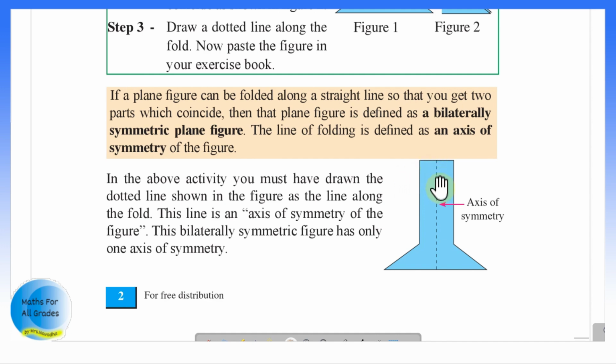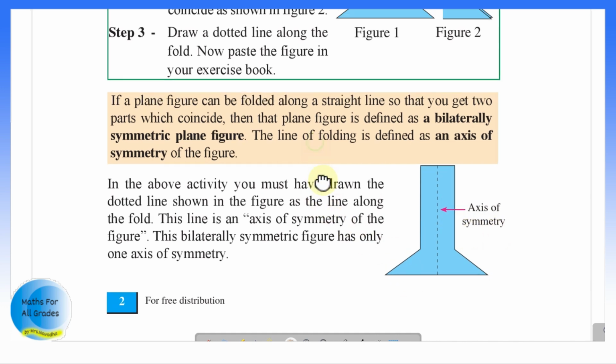And the folding line we define as an axis of symmetry of the figure. Consider this figure again. By folding along this dotted line, we get two equal sides. Therefore, we call this a bilaterally symmetric figure. And this line we call the axis of symmetry.